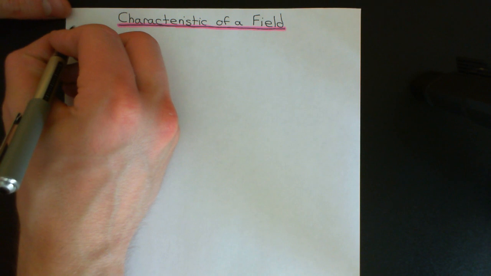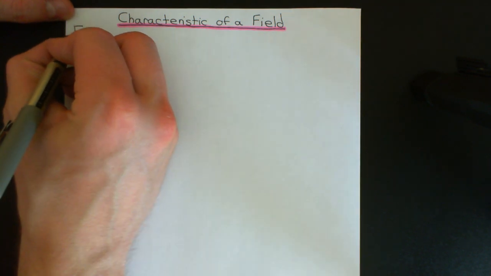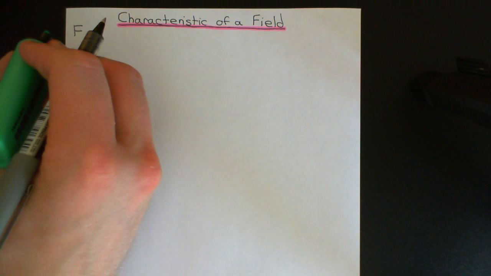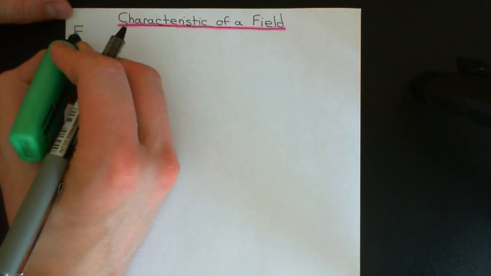Firstly, let's just do the setup. We're going to be working with a field, which we'll denote capital F, and I'll just remind you that a field is a non-zero commutative ring. So it's a commutative ring that is not the zero ring. You do not count the zero ring as a field.